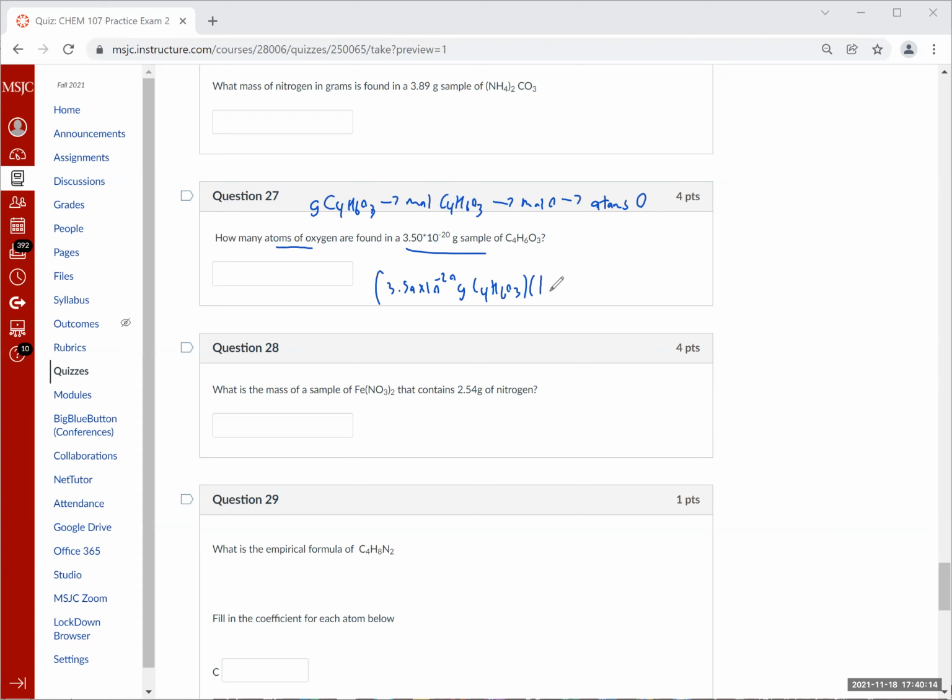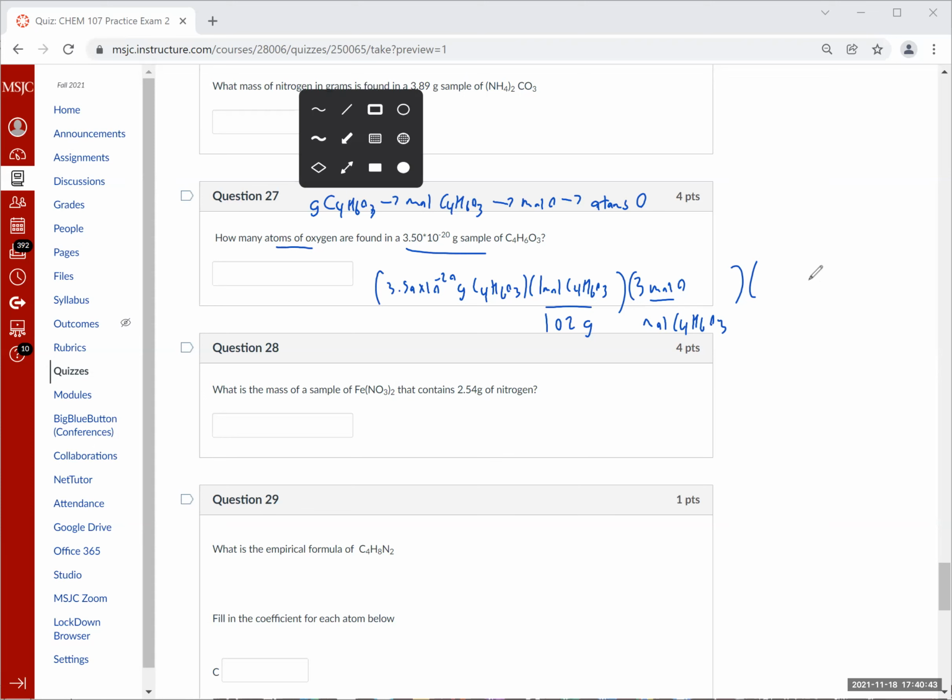So if we have 3.50 times 10 to the negative 20th grams of C4H6O3, in 1 mole of C4H6O3, how many grams do we have? 102. Okay, perfect. And now how many moles of oxygen do we have per mole of C4H6O3? 3 to 1. Yep, exactly right. And then how many atoms of oxygen are in 1 mole? 6.02.